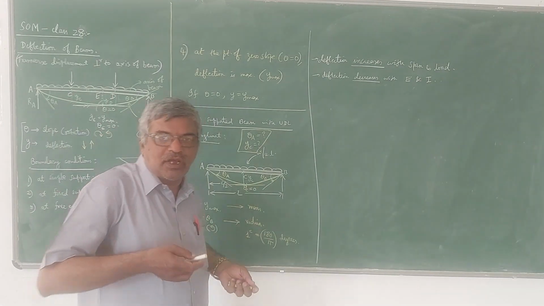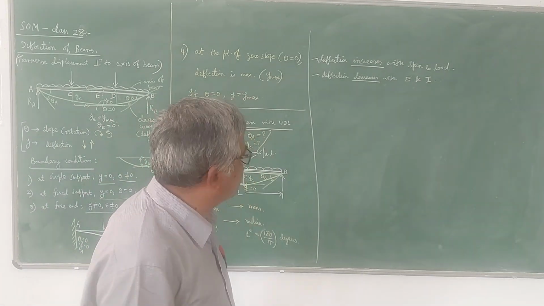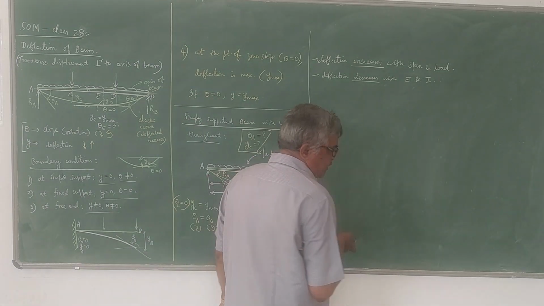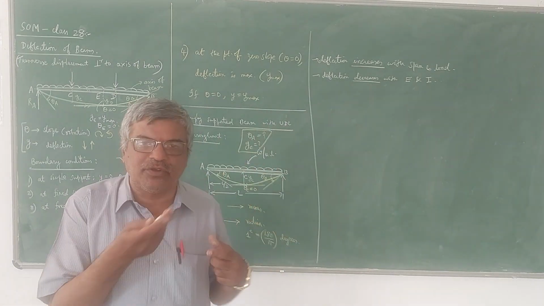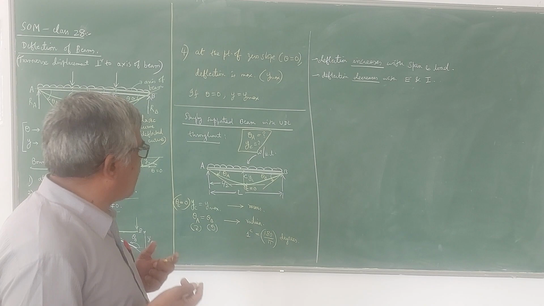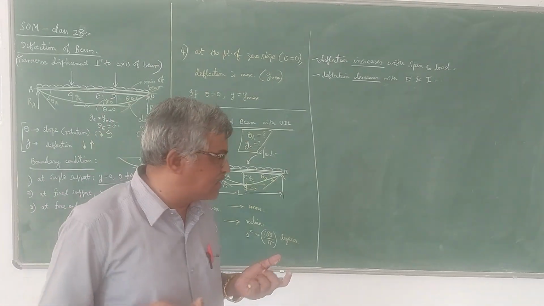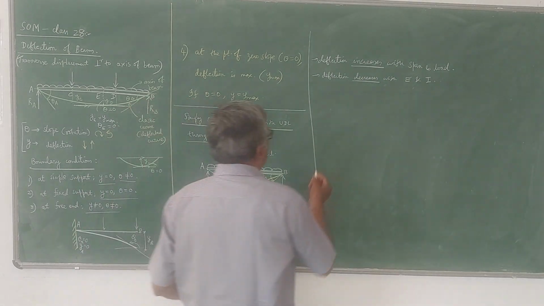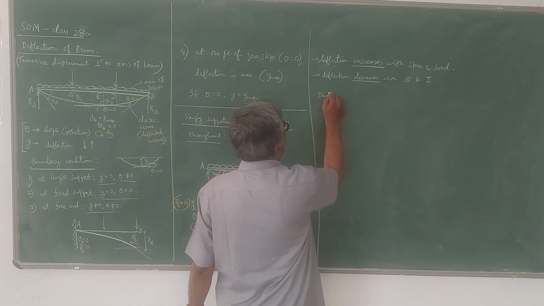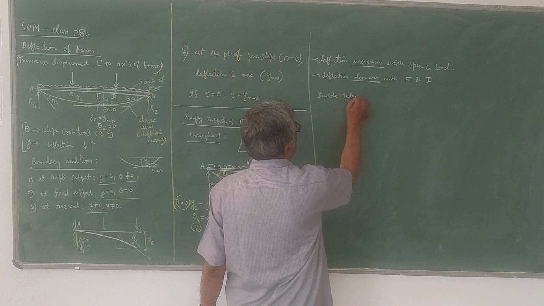Now, we have to use one important method called Macaulay's method. I am going to use Macaulay's method, or for this case, I can use the double integration method also. For doing numerical examples, we will go for Macaulay's method. Now, I will go for the double integration method.